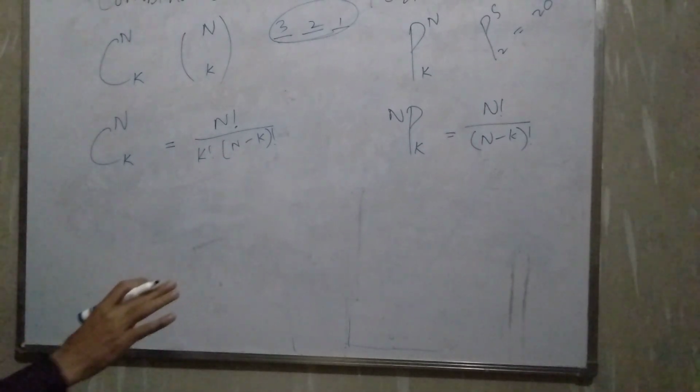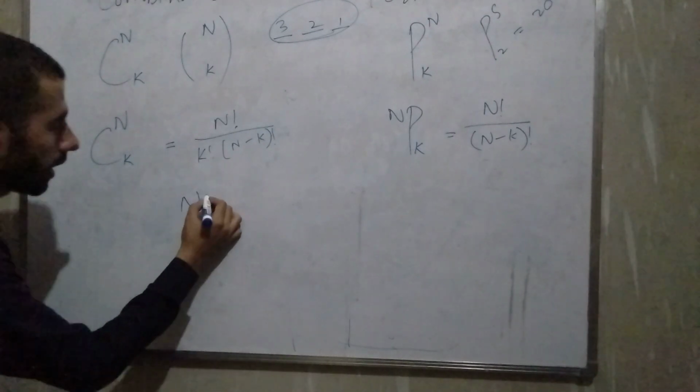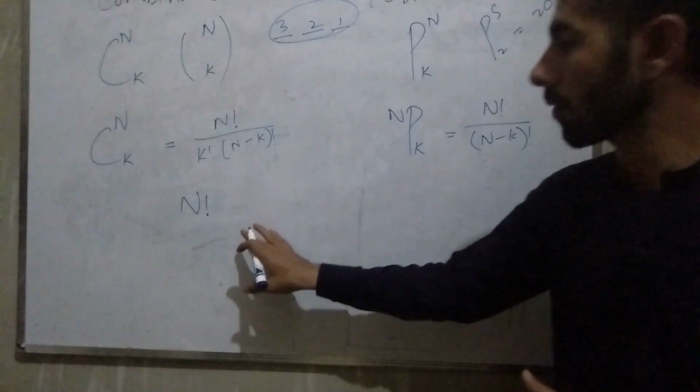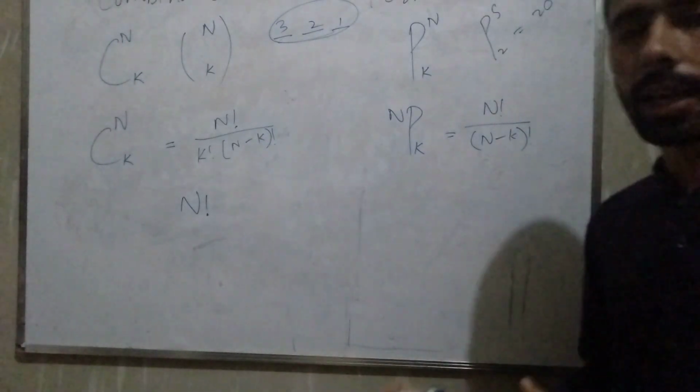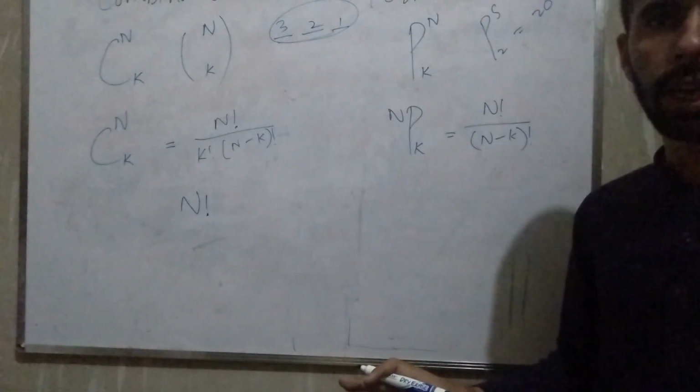Say for example, if I'm trying to arrange n things in itself, like I'm looking for all the possible arrangements, all the possible shufflings of n things all together.